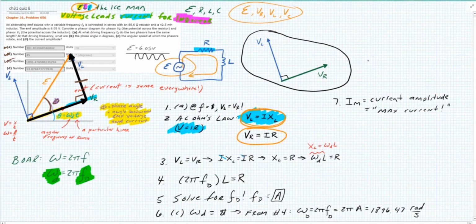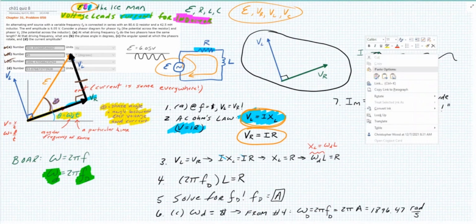Current is behaving like this, doing the whole sine wave thing. So I max is referring to this peak value right here. This maximum value is referred to as current amplitude.